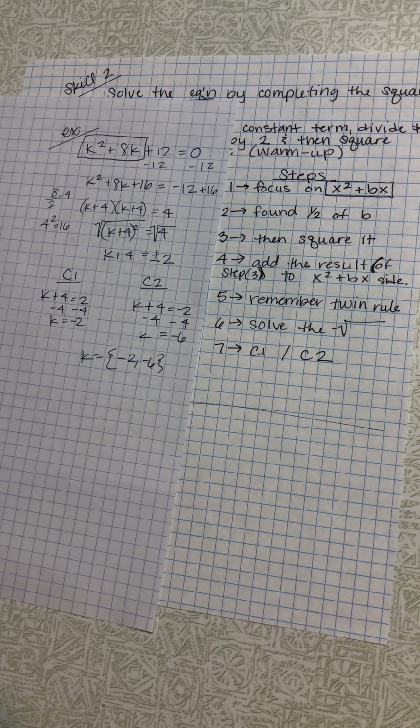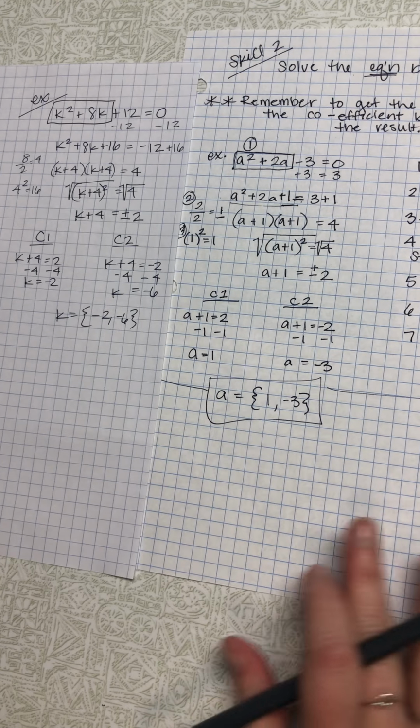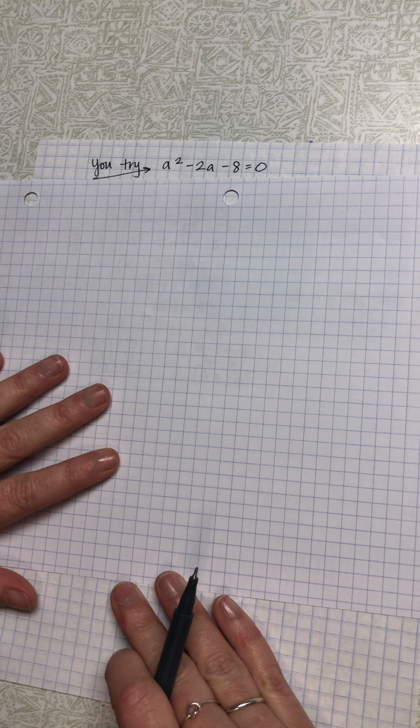I feel like you should try one. Okay, you've seen 2. You have notes. Why don't you try one? Here's yours. a squared minus 2a minus 8.